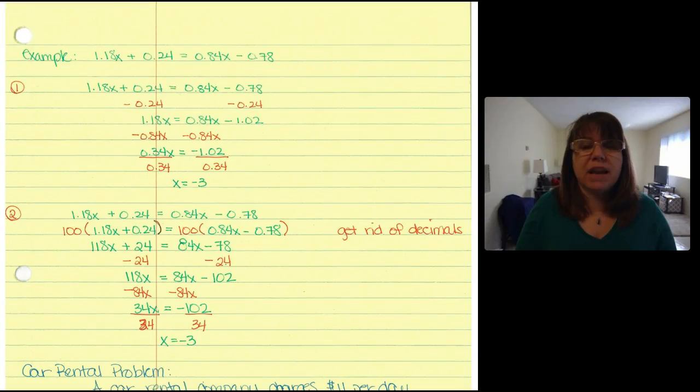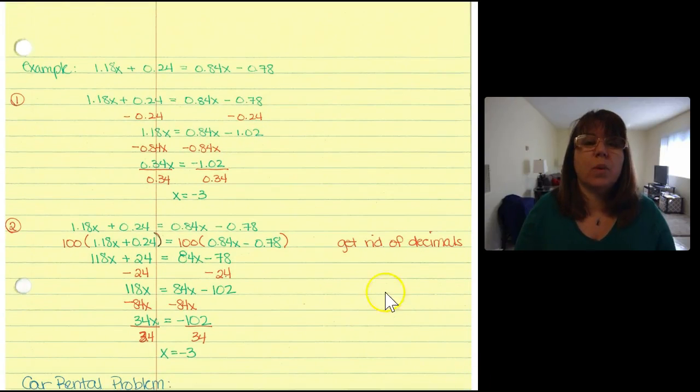Another example, I've actually done it a couple of different ways. 1.18x plus 0.24 equals 0.84x minus 0.78. The first way is I kept all the decimals and I just worked with the numbers that I'm given.